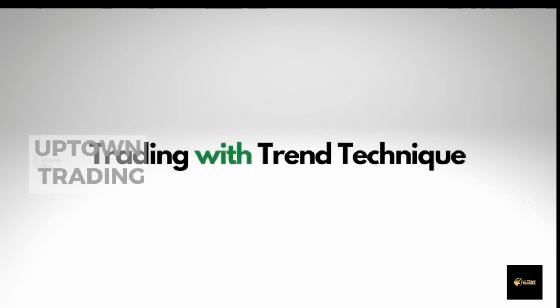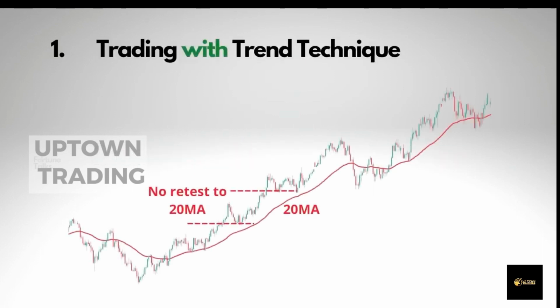So trading with the trend is something which you should be familiar with by now, because earlier I discouraged you from trading against the trend. And it only makes sense to be trading with the trend. Now here's the deal. For an intraday trader or a swing trader, let us say, in a strong trend, the price tends to stay above the 20-period moving average.